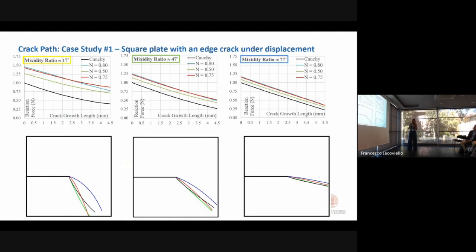So we can say that for initially shear mode dominated cases, the crack paths are very different, while for mode 1 dominated case, they sort of converge. But this shouldn't mean that when the case is mode 1 dominated, we don't have much difference in crack trajectory.